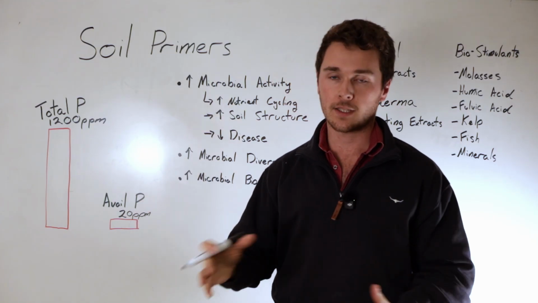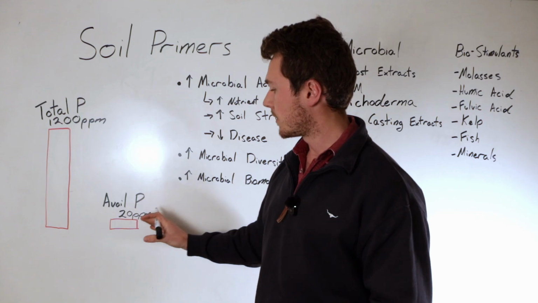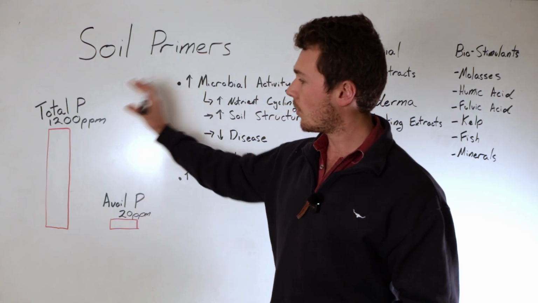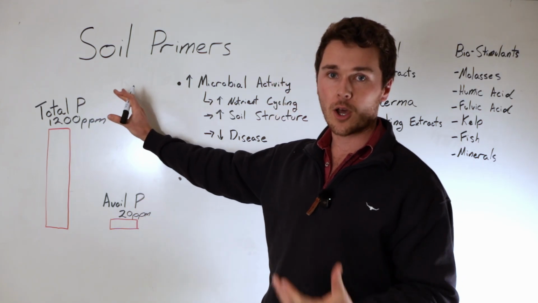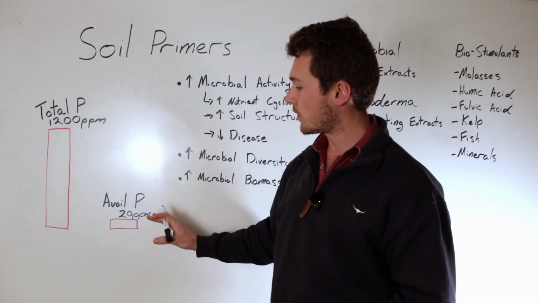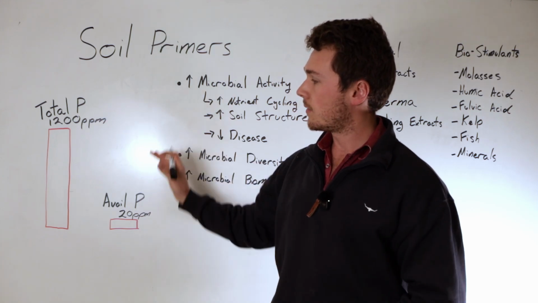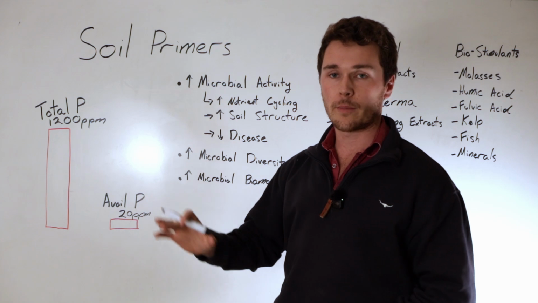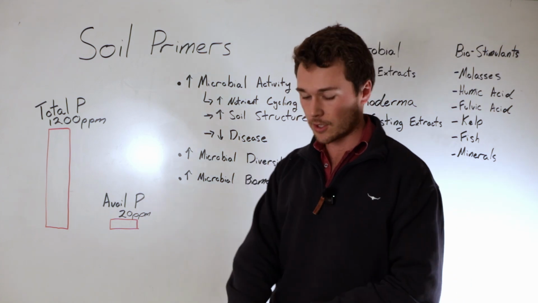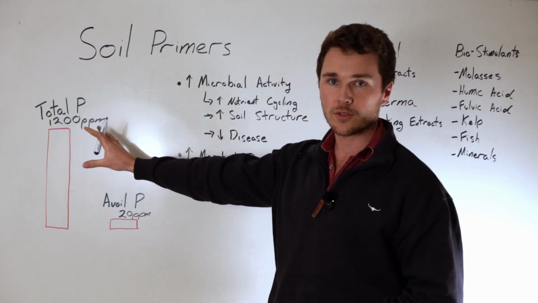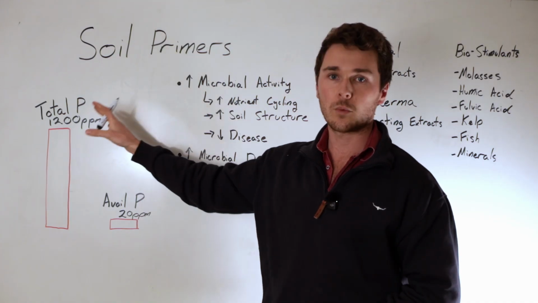Now the ideal in a lighter soil might be around 30. So you've got all this phosphorus locked up in the total component of your soil, but actually not that much available. Now, this is where something like a soil primer would be really beneficial because you don't really need to apply any more phosphorus. You just need to unlock it, and you do that with microbes.